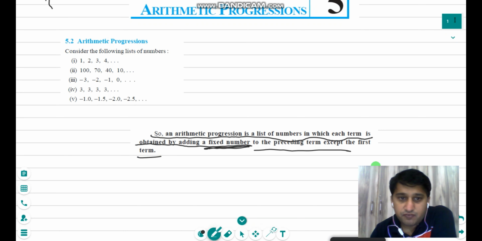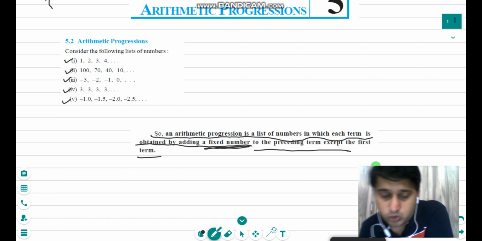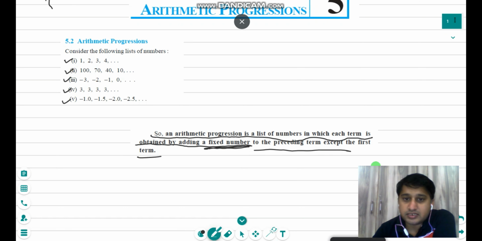Suppose there are a few sets of numbers I have written over here. 1, 2, 3, 4. Then there is 100, 70, 40, 10. Then there is minus 3, minus 2, minus 1, 0. And then there are all the same numbers, 3, 3, 3, 3. And then minus 1.0, minus 1.5, minus 2.0, minus 2.5. Similarly, other sets of numbers can be 2, 4, 6, 8, 10, and so on.